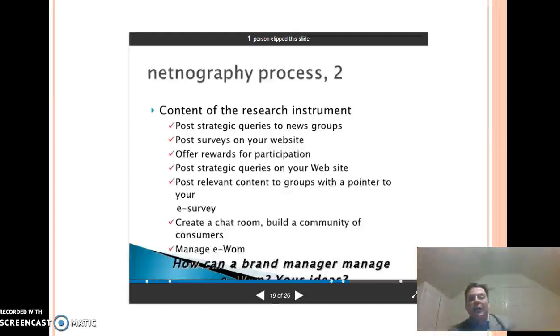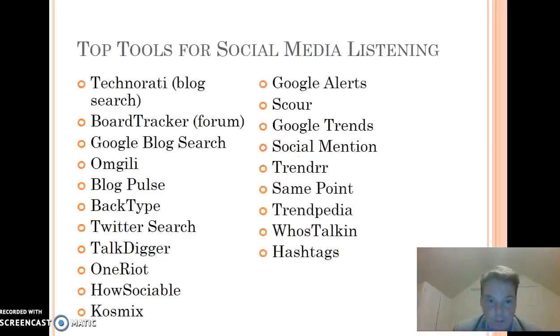We could post strategic queries to news groups, post surveys on websites, offer rewards for participation, and the whole thing is to get people involved and create a kind of chat room or community of consumers where we can get involved and learn from our customers.